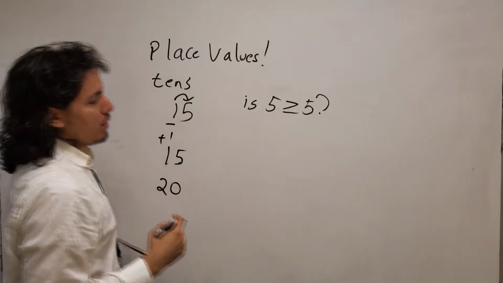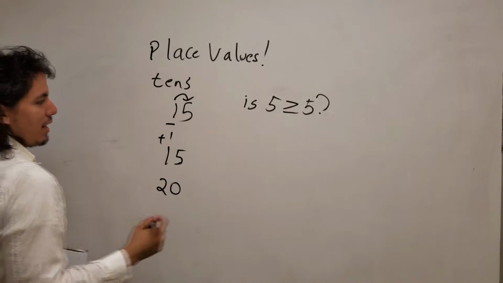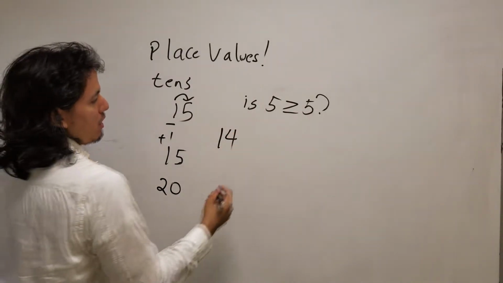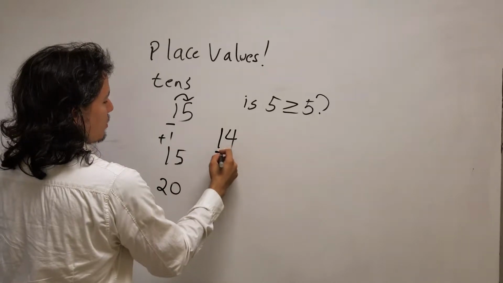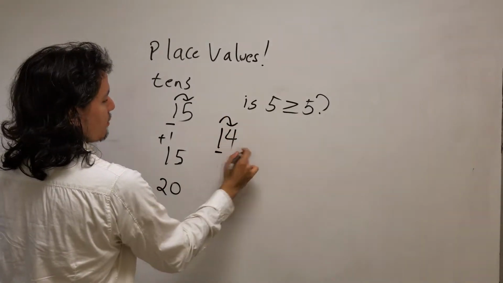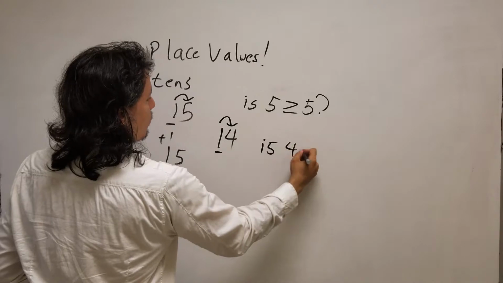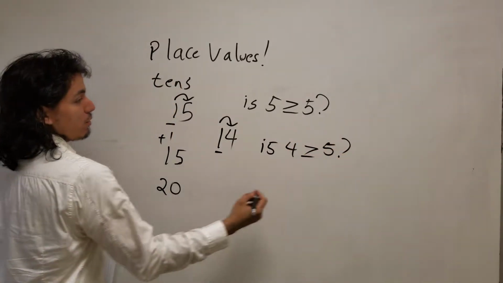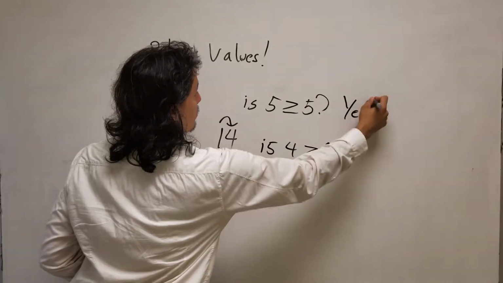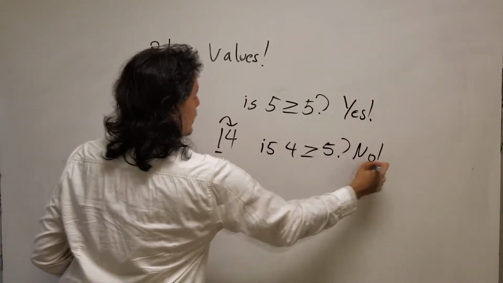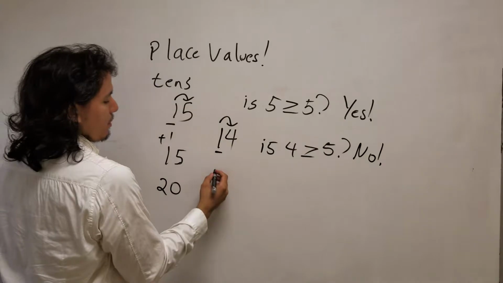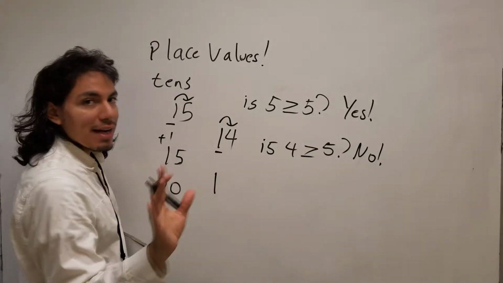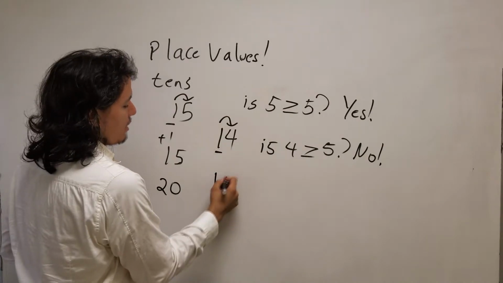Let's do another one. Let's say instead of 15, I had 14. Do the same concept. I look to my right and ask myself, is 4 greater than or equal to 5? And the answer is no. So this is yes, and this is no. Because of that, you keep this place value, you don't add anything, but you add a 0 to this.